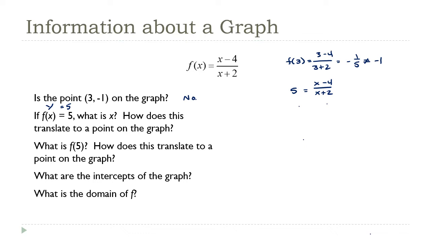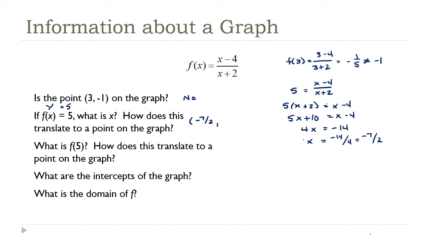Let's multiply both sides by x + 2. This is 5x + 10 equals x - 4. So 4x equals -14, and x is -14/4, which is -7/2. So what does this tell me about the graph? Well, this tells me that the point (-7/2, 5) must be on the graph.